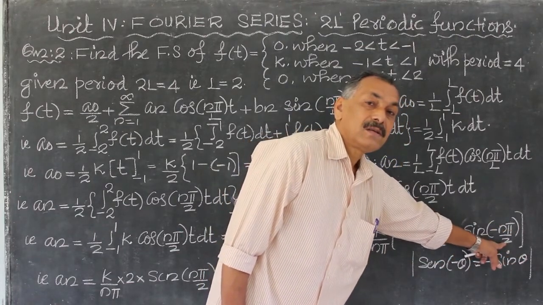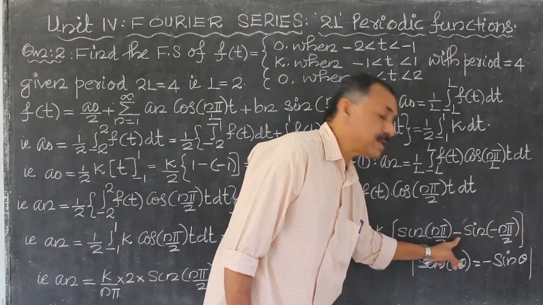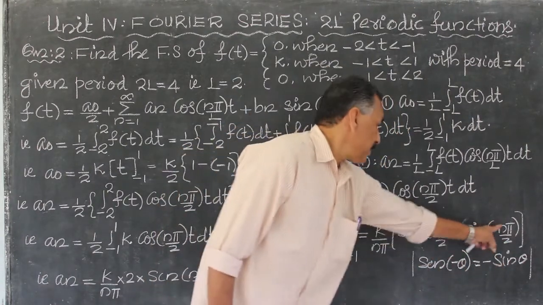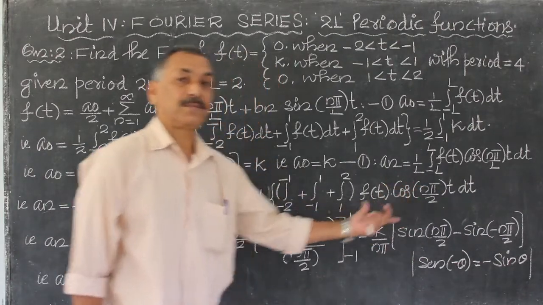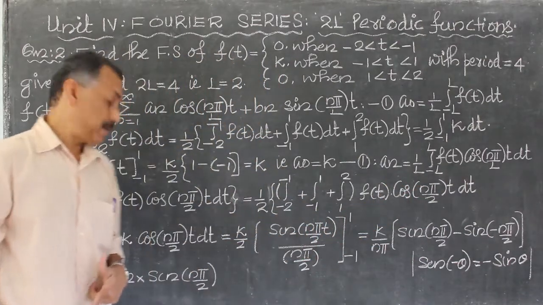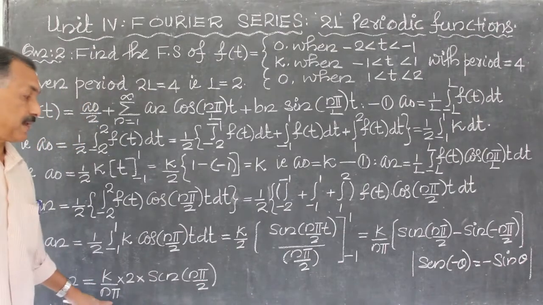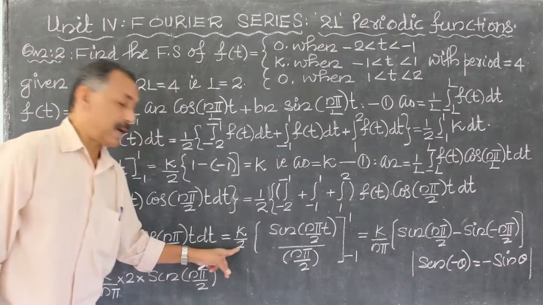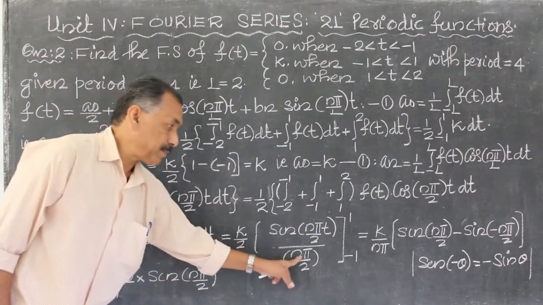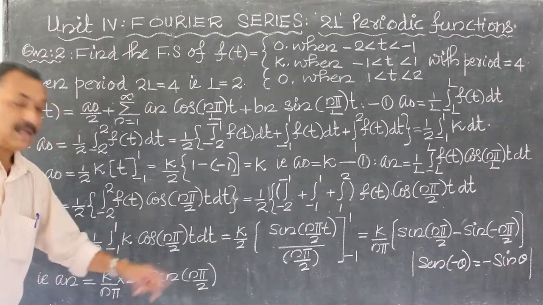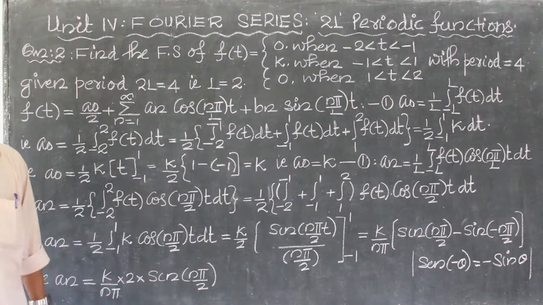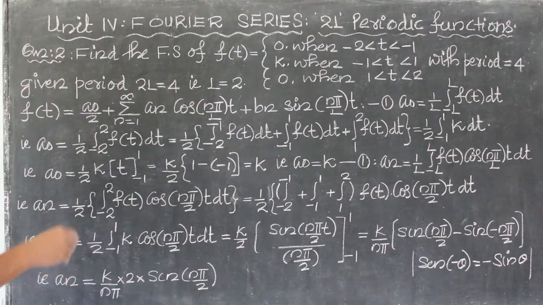Sin(n pi by 2) plus sin(n pi by 2) means 2 into sin(n pi by 2). So k divided by n pi into 2 sin(n pi by 2).